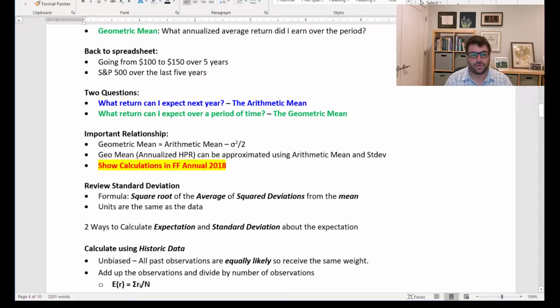And so again, the two questions, what return can I expect next year? That's the arithmetic mean. What return can I expect over some time period, or what would I have earned over that time period? That's the geometric mean. These are the two questions.